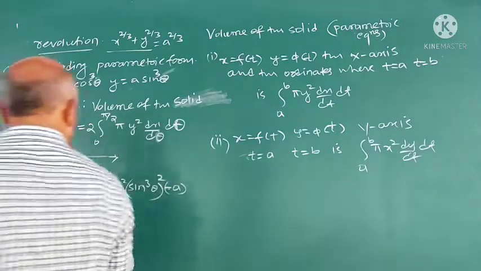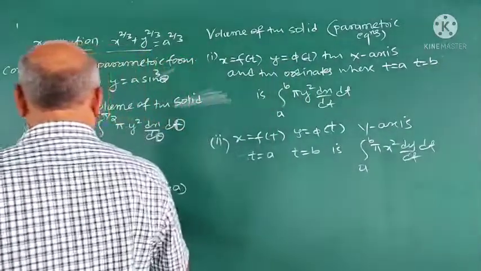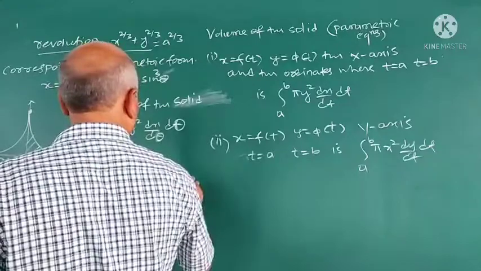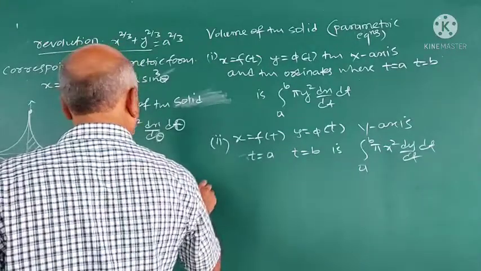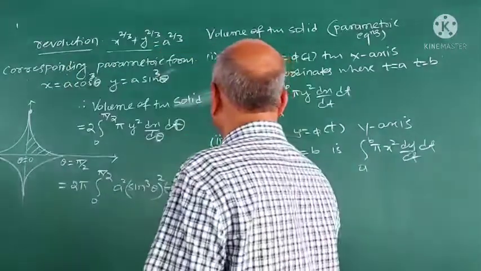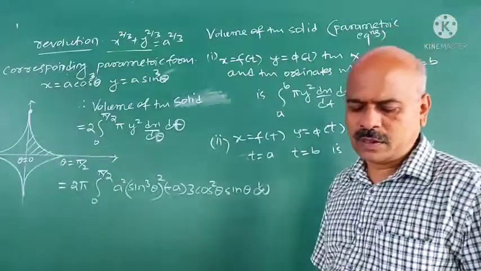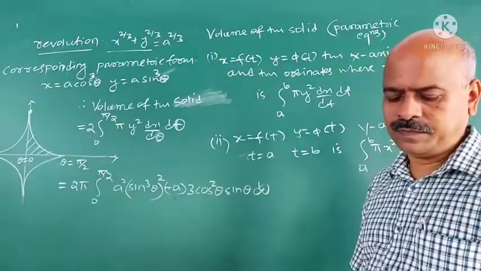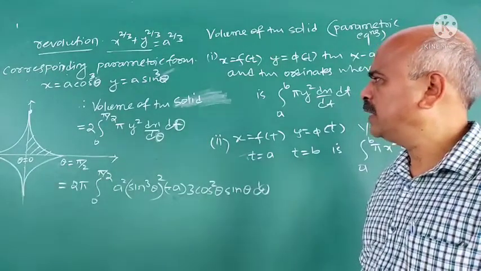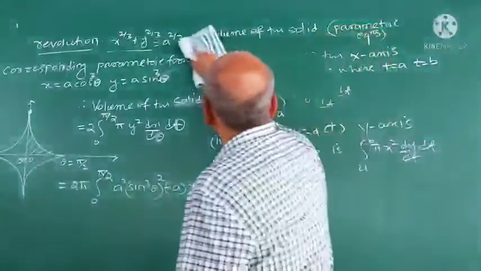So 0 to pi by 2, a square sin cube theta, minus a, what is the derivative, 3 cos square theta into sin theta d theta. Correct? Sin theta d theta. Now simplify this. Continue.